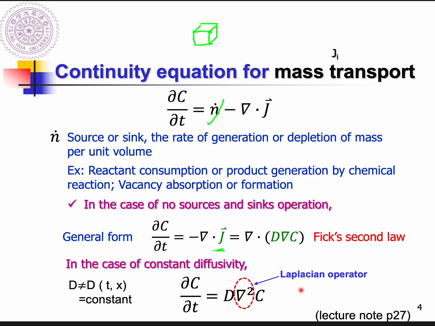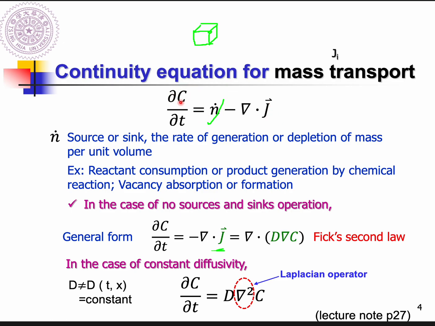And this operator we call the Laplacian operator. But as I mentioned before, the continuity equation is not only for mass transport; it can also be applied to heat transport and charge transport. So you can imagine for heat transport, the flux J will be the heat flux.